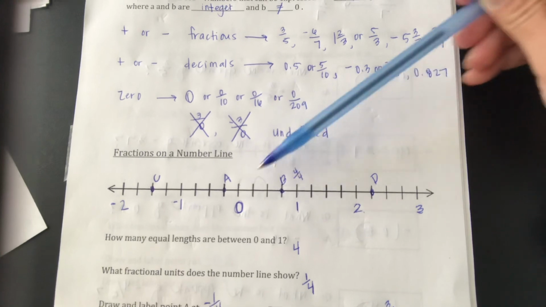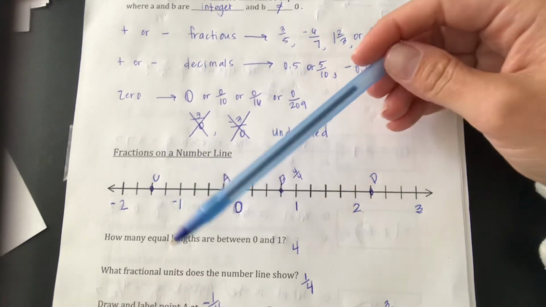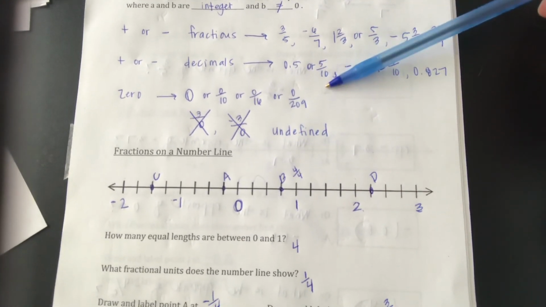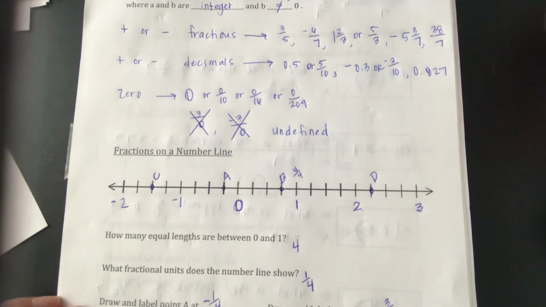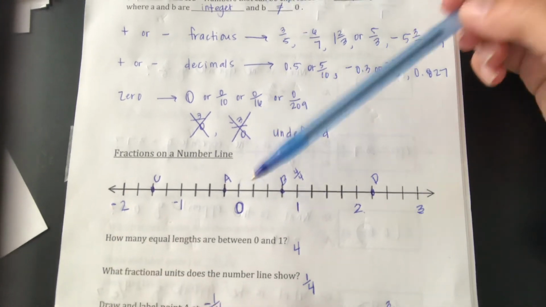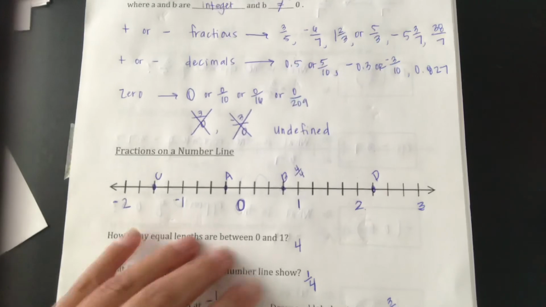However many spaces in between shows your fractional unit. So if there are 4 spaces, then it's a fourth. Between 0 and 1, if there are 10 spaces, then it's a tenth. And always remember that on the left side of the number line are your negative numbers.